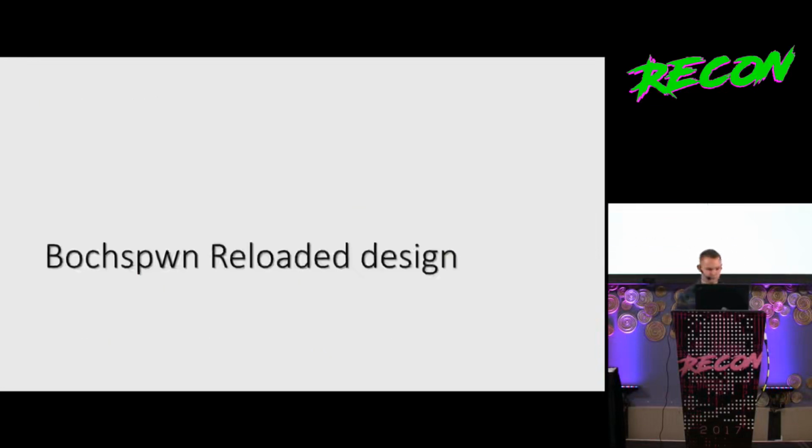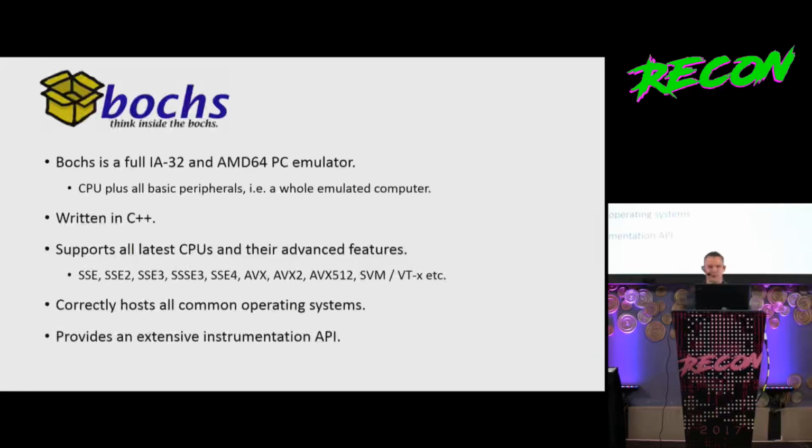Okay, so let's talk a little bit about the Bochspwn Reloaded design and how to find these bugs. When it comes to Bochs itself, as you probably already know, it's an emulator for the x86 and x64 architecture. It has a CPU emulator and an implementation of all of the basic peripherals. So basically, it's just a whole emulated computer that you can run operating systems on.